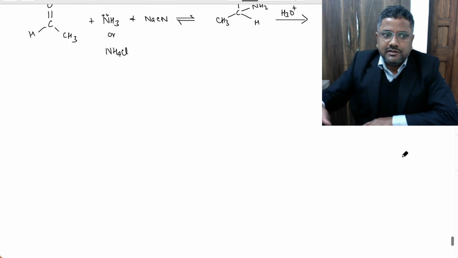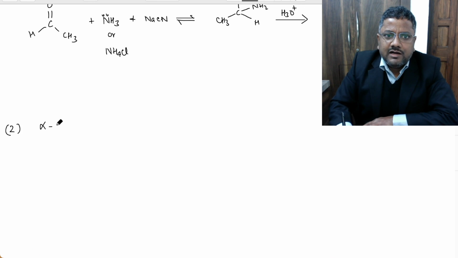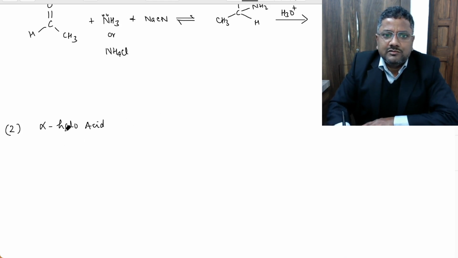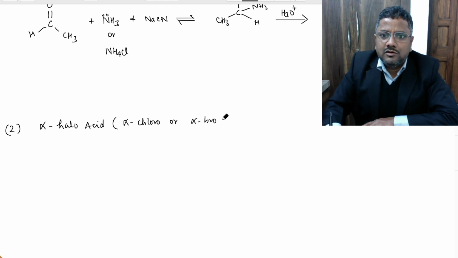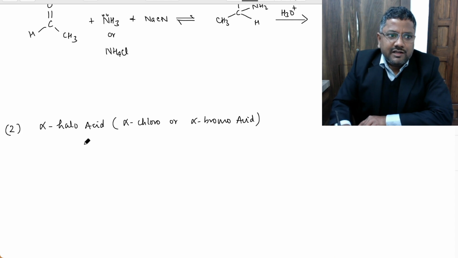Second method, you can take a general, not any name reaction. You can take alpha halo acid. How to prepare this alpha halo acid? You can prepare alpha chloro or alpha bromo acid, right? By the HVZ reaction.